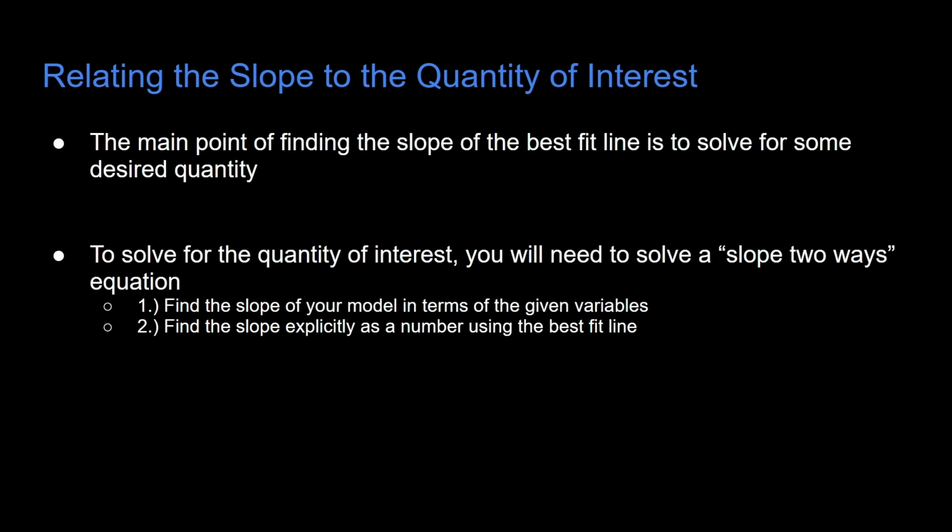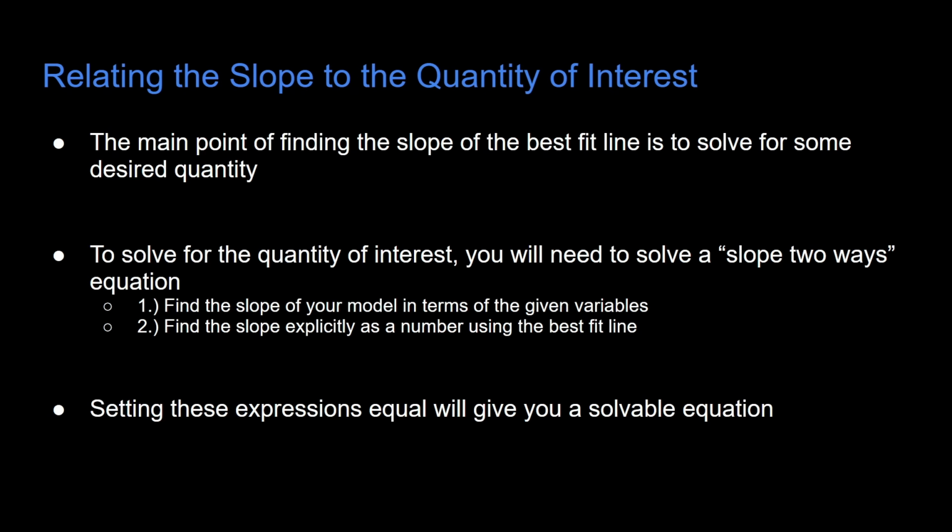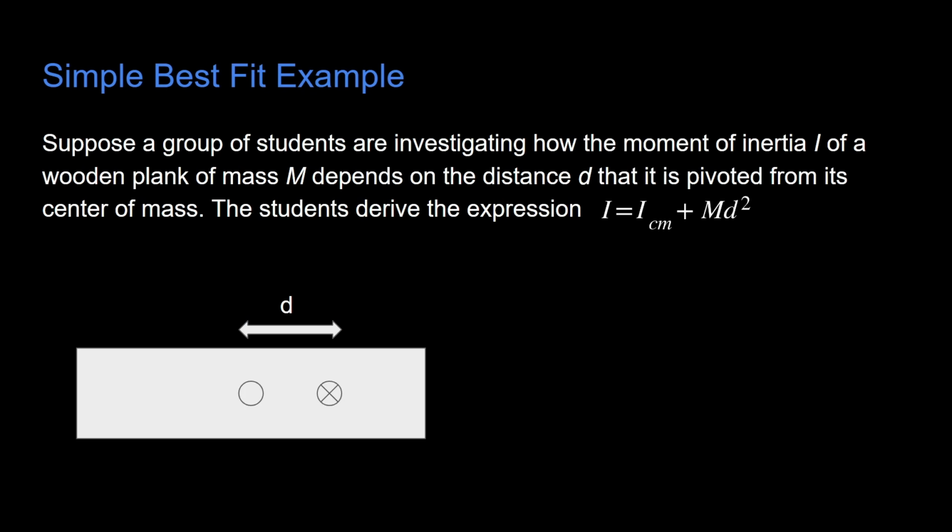Your second way is slope equals the number that you found with the best fit line, doing rise over run or linear regression. Setting these expressions equal to one another will give you a solvable equation. I typically say solve it symbolically first and call slope its own variable, because that'll help you analyze some stuff later in the error analysis section.